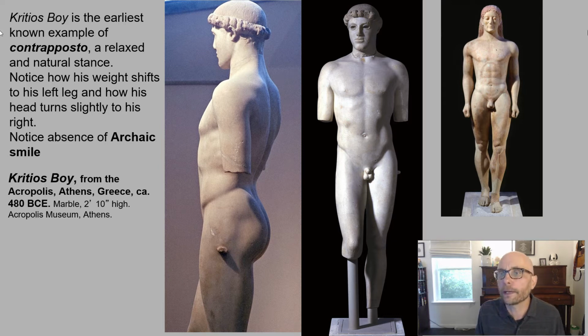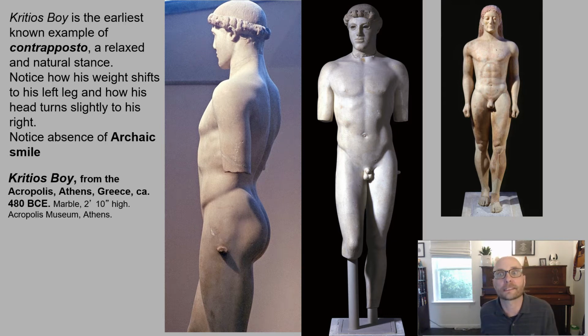We also talked about the generic way that some of the muscles are portrayed. So, the abs are just this generic sort of grid. The knees are just this generic sort of knee. They're not individualized. How do you individualize a knee? Anyway, and of course, we have that archaic smile, that archaic face.